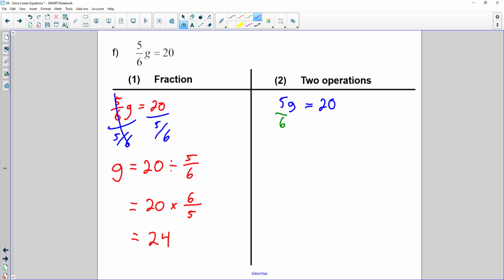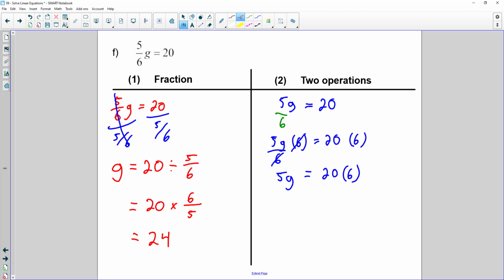Let's get rid of the 6 first. And the first thing I'm going to do is I'm going to multiply both sides by 6. So I'm going to have 5g over 6 times 6 is equal to 20 times 6. So that 6 and 6 are going to cancel, so I'm left with just 5g is equal to 20 times 6. And at this point, I can multiply that through if I want, or I can just continue along and multiply at the end.